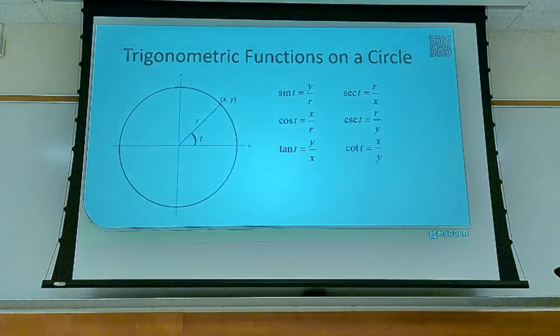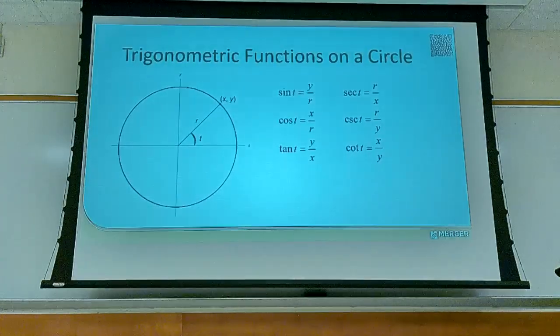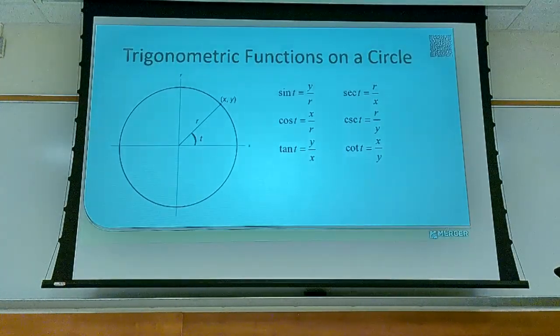And finally, cotangent is x over y. So these are the 6 trigonometric functions as defined on a circle.